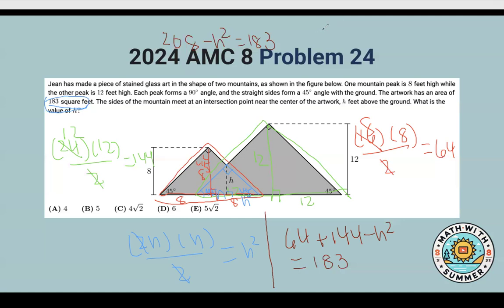Sorry, I don't know what I was thinking: 208 minus 183 is 25, which equals h squared. So h equals 5, and our answer should be B, 5. Let's check. Yep. All right, thanks, guys.